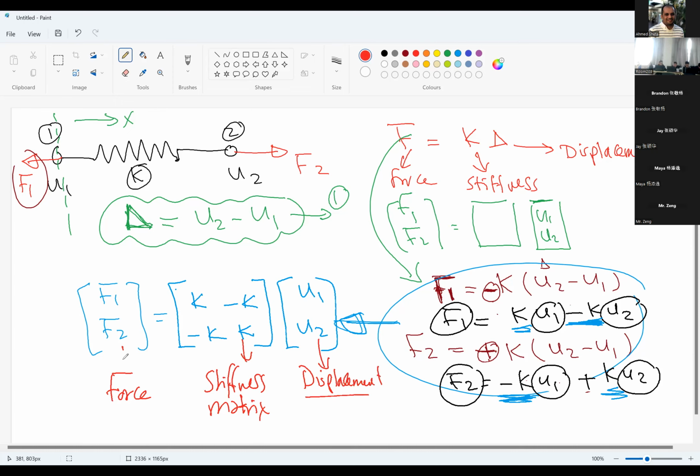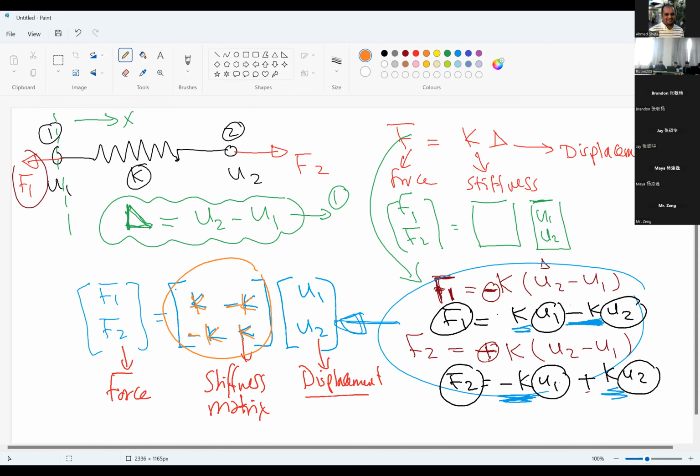Okay, so now you know how we derive the stiffness matrix of a spring, which is K, minus K, minus K, positive K. Do you have any questions about this one?